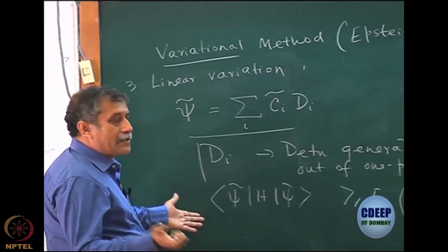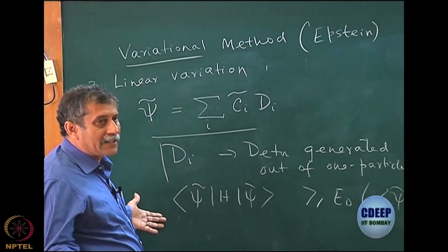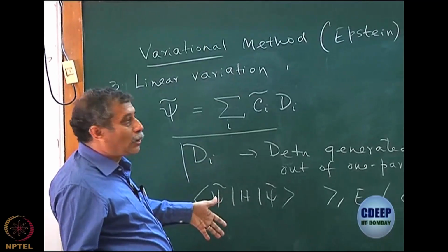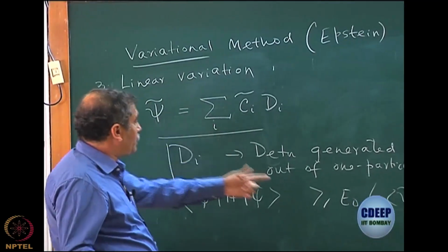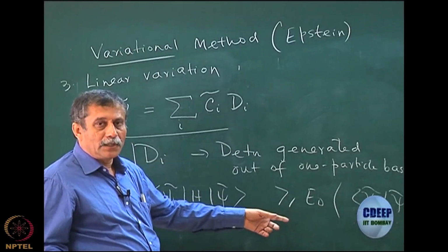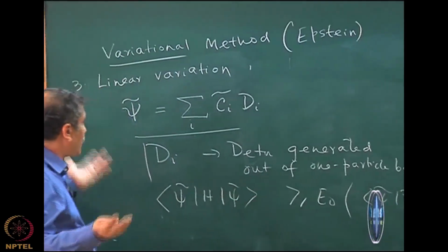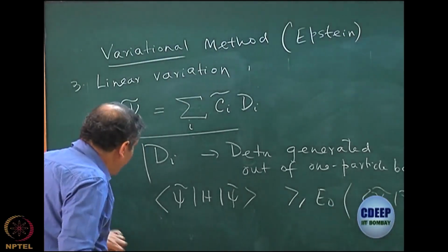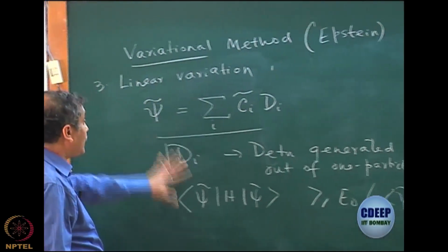So, theorem 2 will obviously hold good. Theorem 1 will hold good only if it is complete. Theorem 2 will always hold good. In case of complete, it will become equal to, otherwise of course, it will become greater than the exact ground state energy. So, then this certainly holds good.